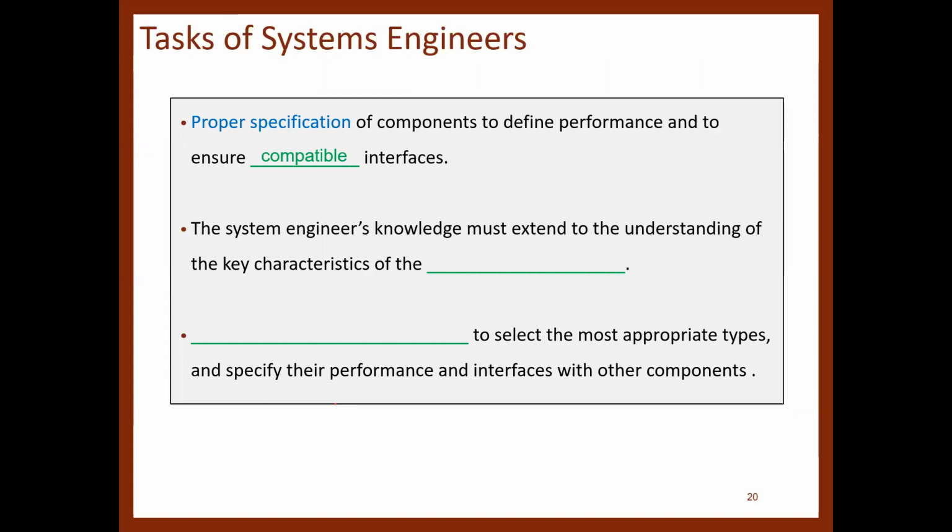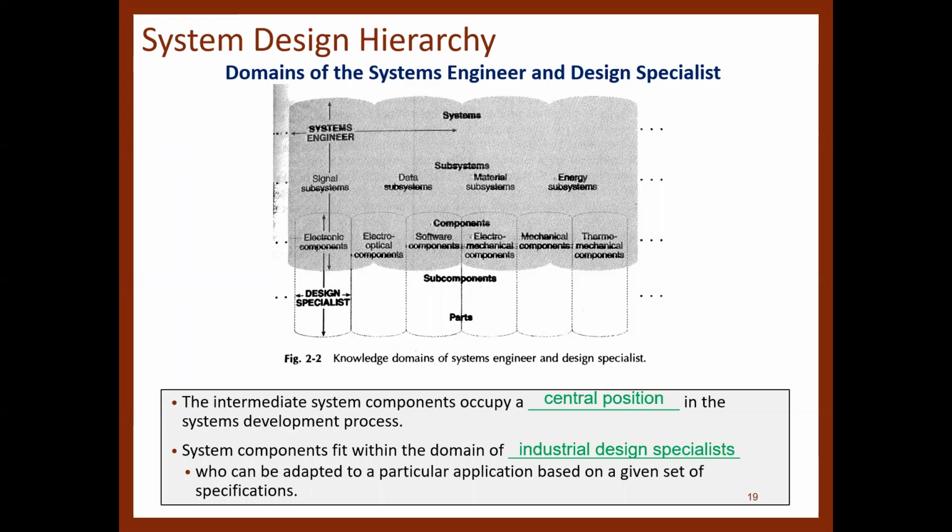Okay, so the next bullet is very important. The systems engineer knowledge must extend to the understanding of key characteristics of the system components. Okay, so to that level, as shown here by the shaded area, up to the components level is the system domain. We need to have a good understanding at the system, subsystem, and component level.